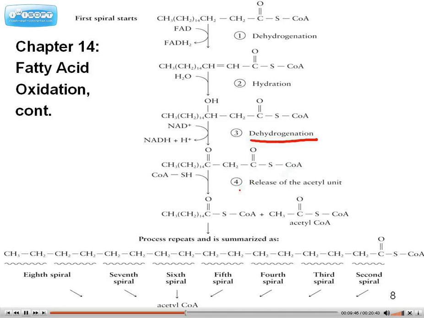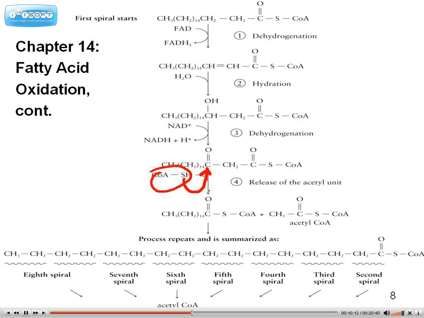In the last step right here, we have the release of the acetyl-CoA unit. So notice the whole goal is on the beta carbon to create a brand new ketone. With a brand new ketone here, we're then going to have a brand new coenzyme A, and it's going to attach to this carbon right here.